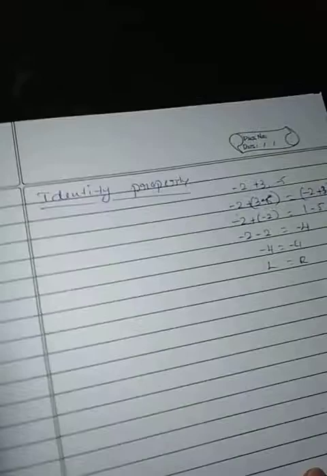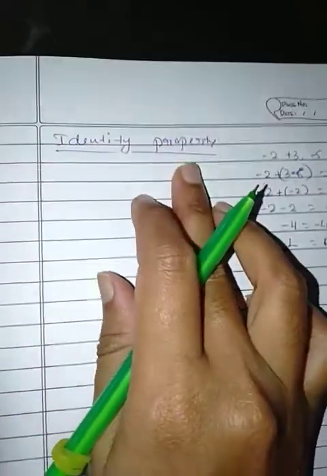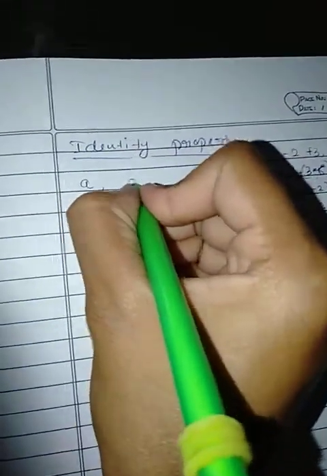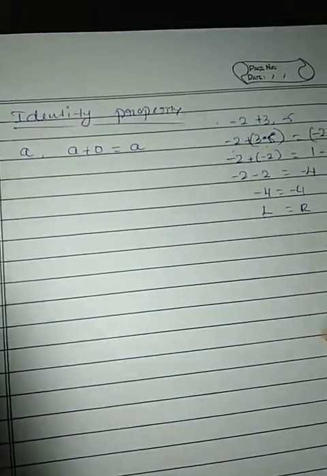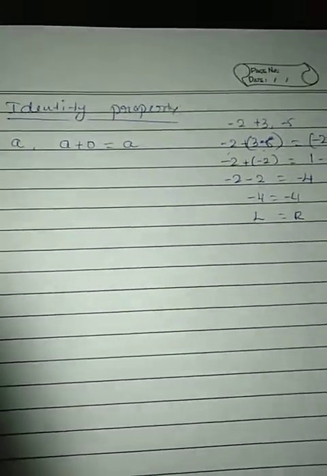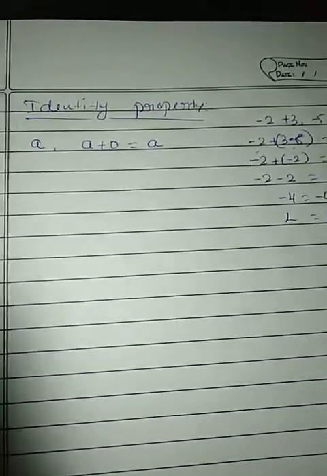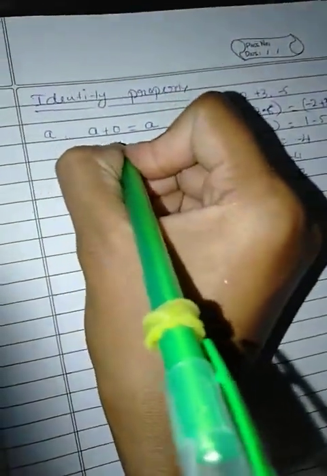Then the next one is the identity property. Identity property means if A is an integer and you add 0 to the integer, we get the integer again. So 0 is the additive identity element. If you take 2 and add 0, we get 2.